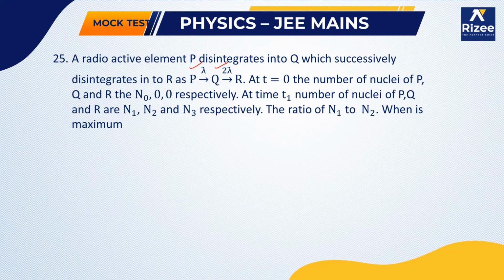At t equal to 0, the number of nuclei of P, Q, R is given; N0 is the initial stage. At time t1, the number of nuclei of P, Q and R are N1, N2 and N3 respectively. He is asking for the ratio of N1 to N2 when N2 is maximum. So when will it be maximum? When the rate of disintegration is equal to the rate of formation.